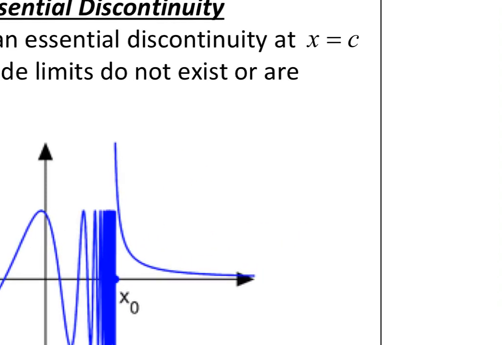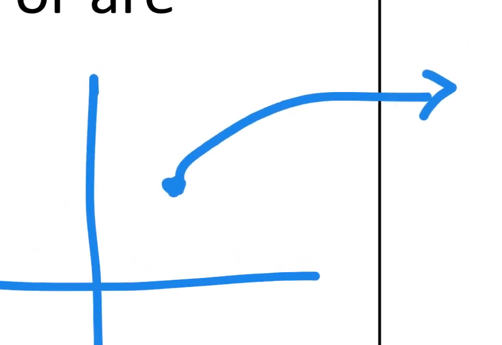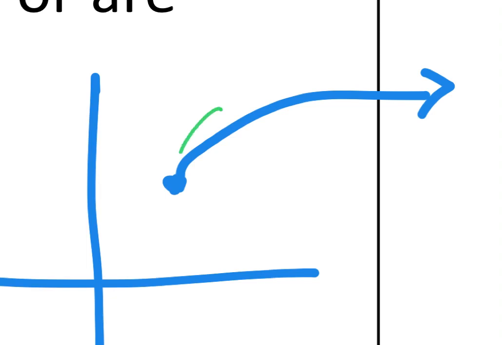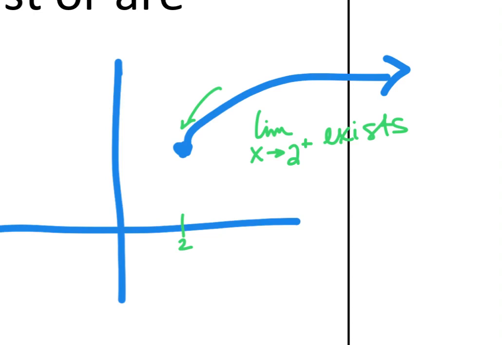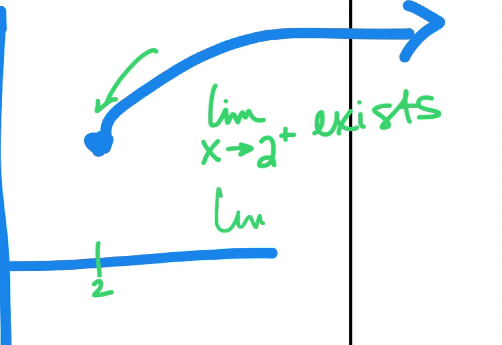So a better example might have been to give you a square root function. So a square root function, let's say in this graph, there's only a limit on the right. So the limit as x goes to, let's call this 2, from the right exists, but the limit here as x goes to 2 from the left does not exist.